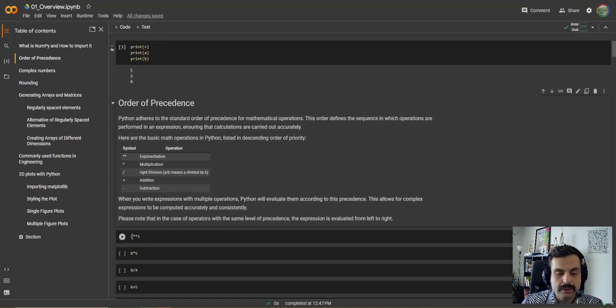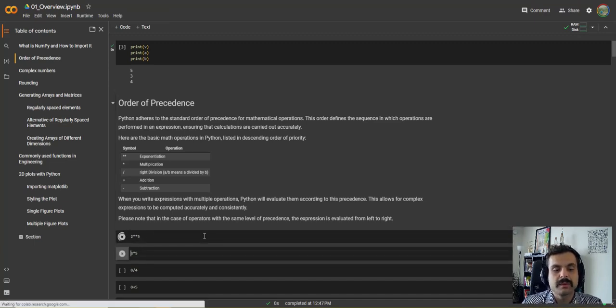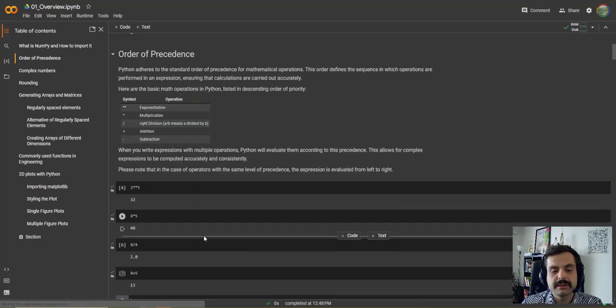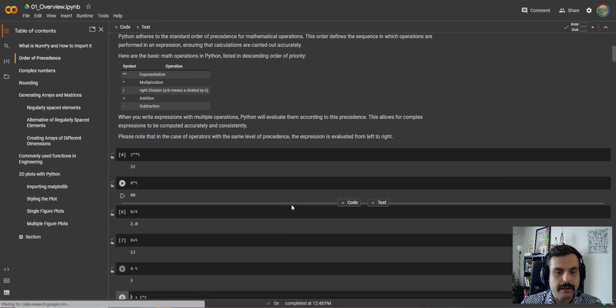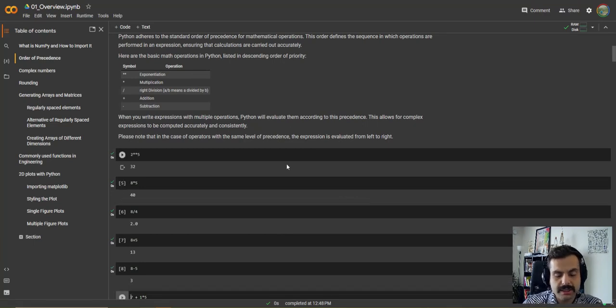Let's say 2 to the power of 5, 8 multiplied by 5, 8 divided by 4. These are operations that individually we don't care about the order that they happen. But once we want to combine them and do a little bit of mathematical operation, it does matter.